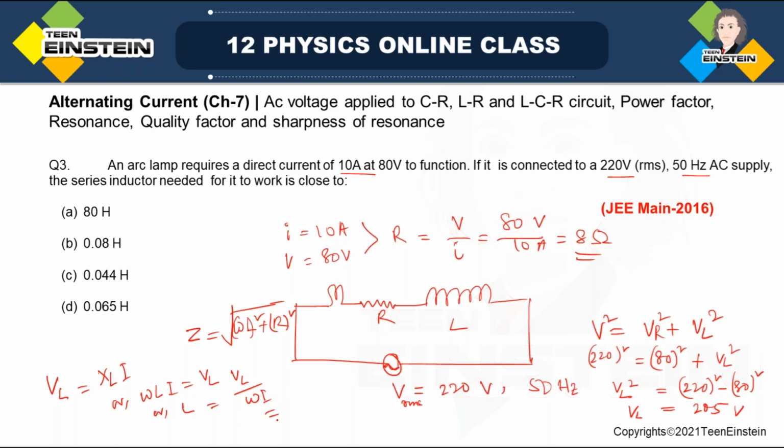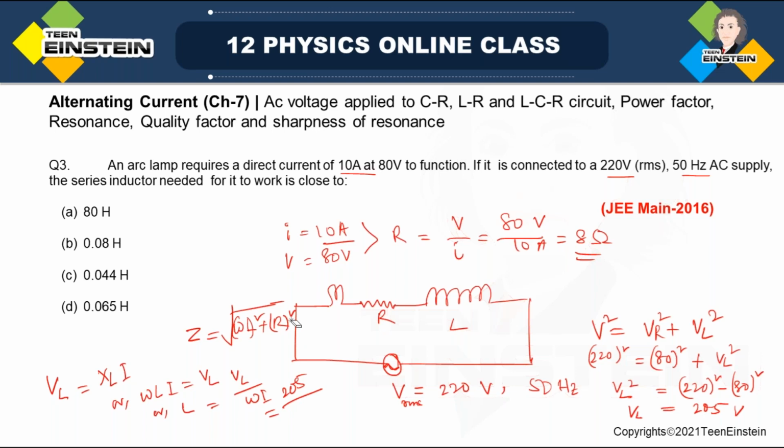I is the current in the circuit. Current is actually 10 ampere, it is already given. And VL is 205, we have already obtained.